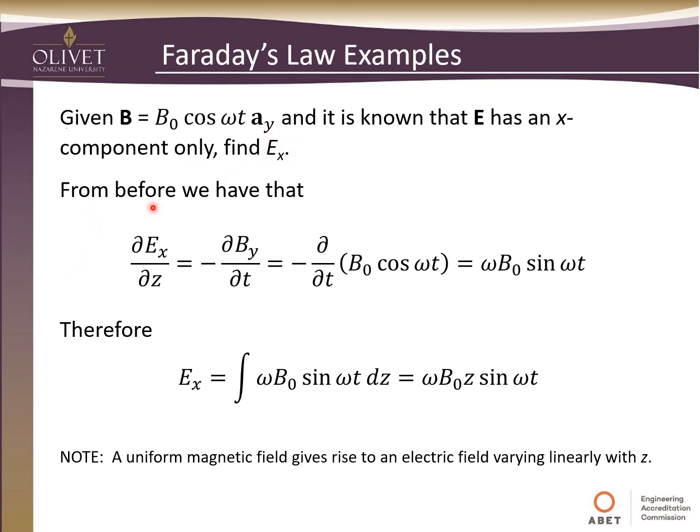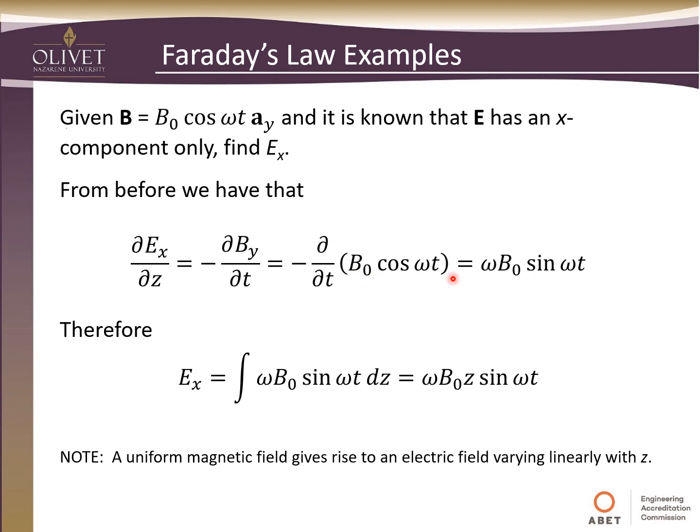So from what we have learned here, we know that the partial of Ex, the E field which only has an x component, with respect to z, has to equal the negative partial derivative of the magnetic field with respect to time. Well, we were given what that is. That's this side of the equation here.